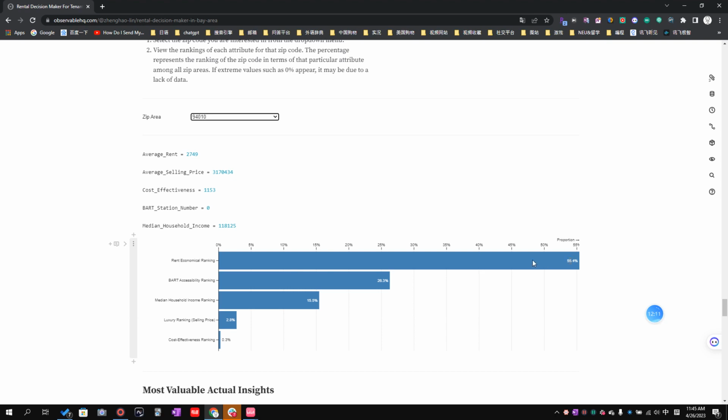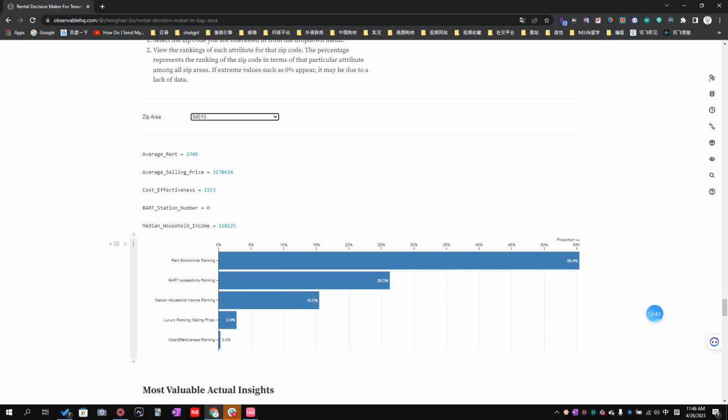Then I think it's close to the Bay Area average, so it's acceptable. And the BART accessibility ranking, I said is a 0, so it has no BART accessibility, but it's fine for me. For people who are reliant on public transportation, you can set the filter maybe from 1 to 8 stations in an area. And the median household income ranking is the top 15%.